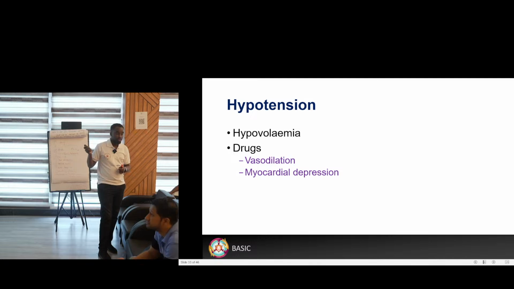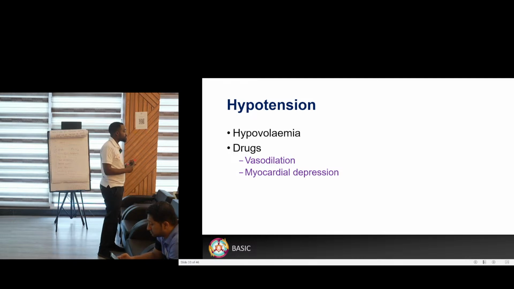Again, your drugs could be the reasons. Anesthetic drugs, whether you're using propofol or midazolam as infusions, could cause hypotension. So you always have to be careful when you're dealing with such patients.